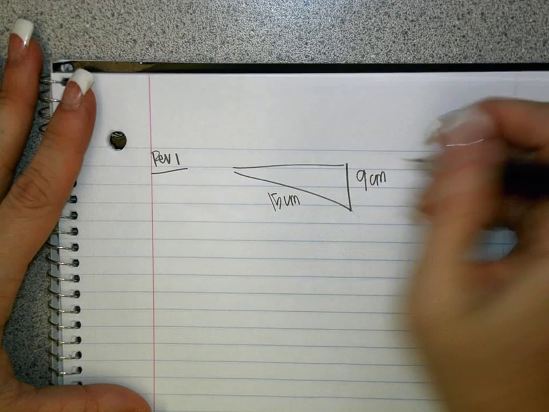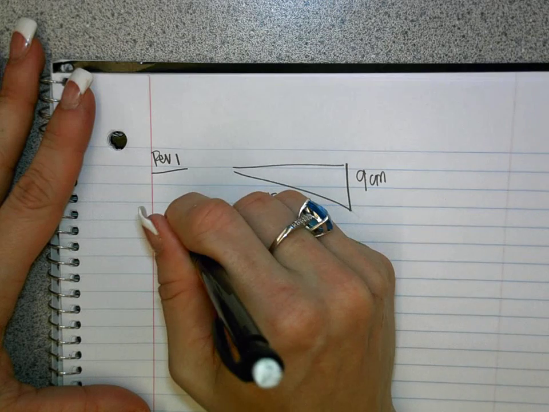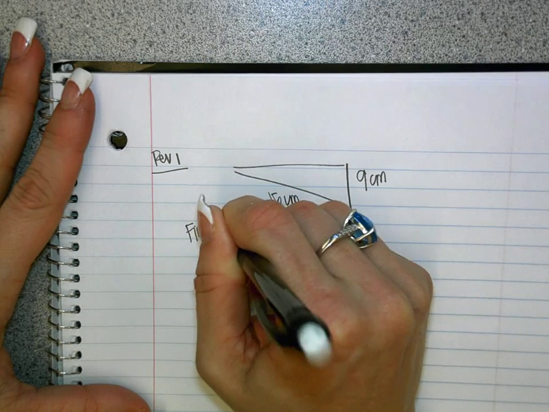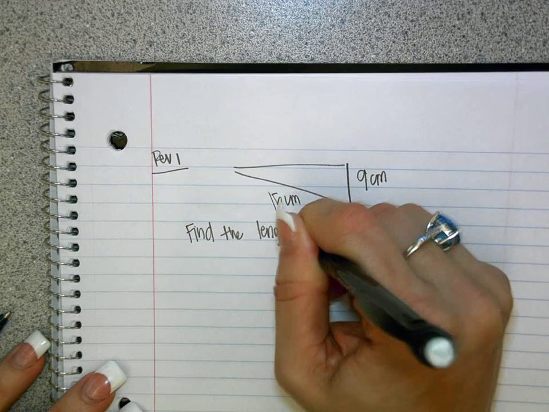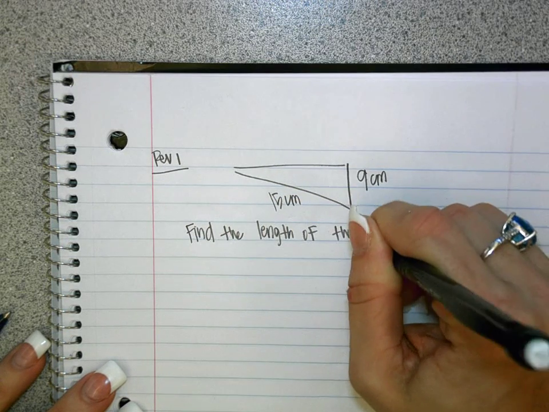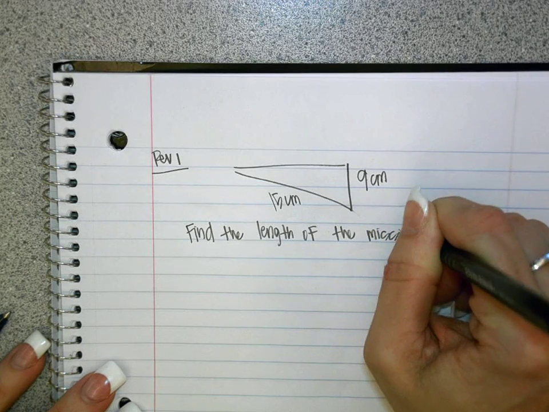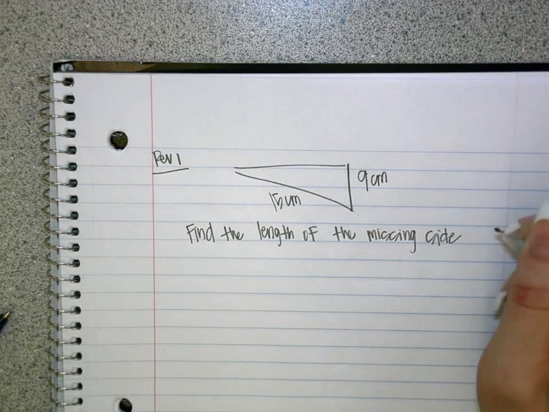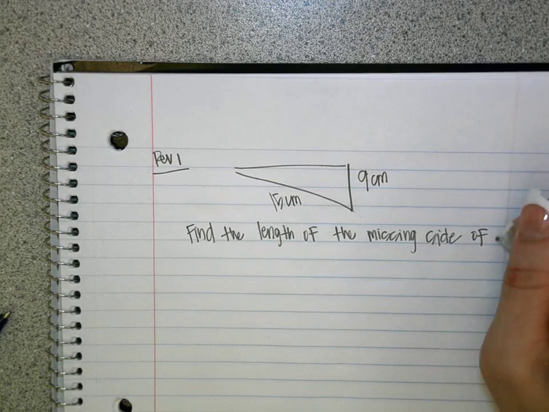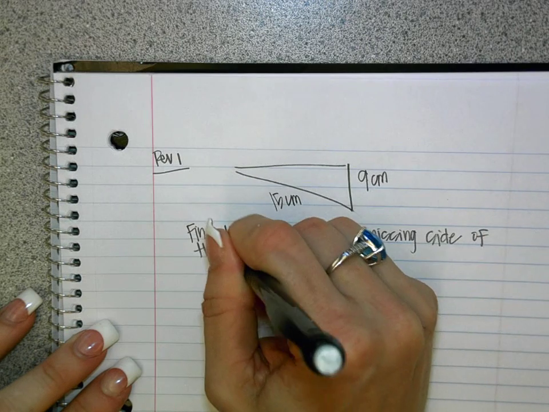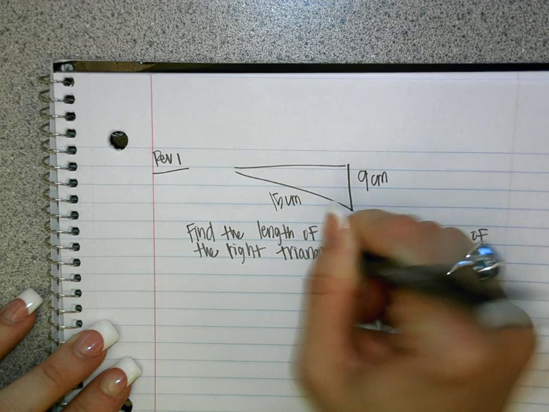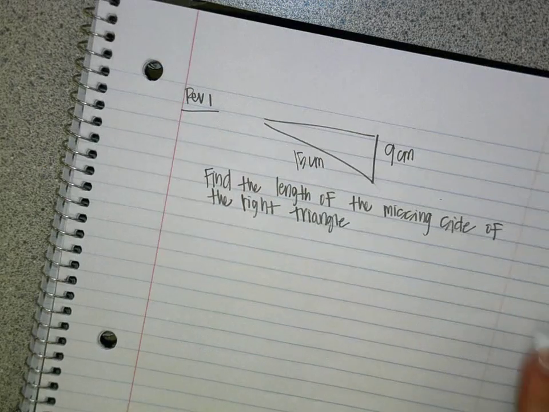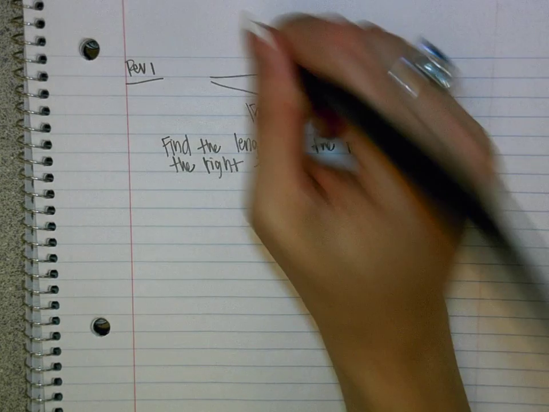And I ask, find the length of the missing side of the right triangle. So we're telling you that this is a right triangle, and I'm asking you to find this missing side length. So you can put an X on there if it helps you.